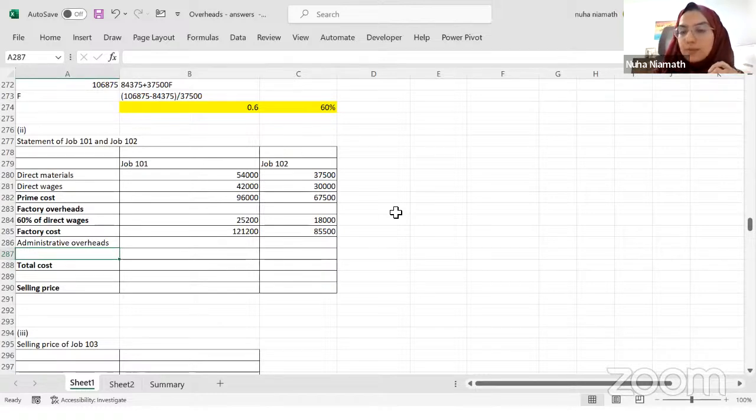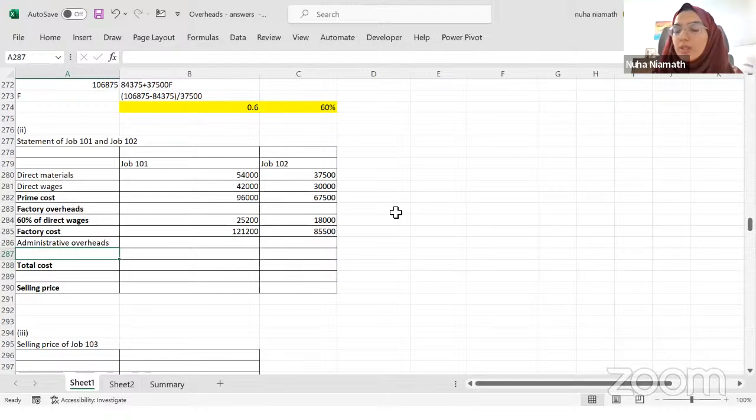The percentage. Can somebody tell me in the chat box? Anyone? 25% of factory cost.